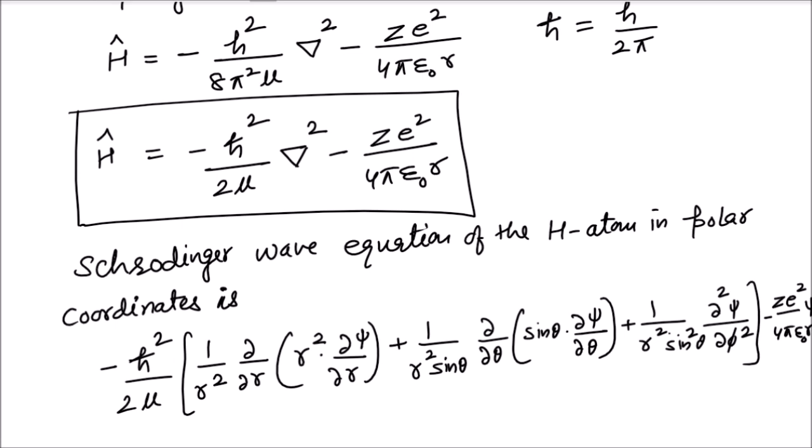Okay, so this is the Schrodinger wave equation of the hydrogen atom in polar coordinates.